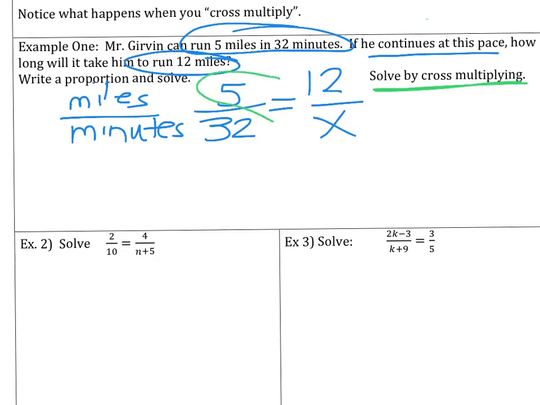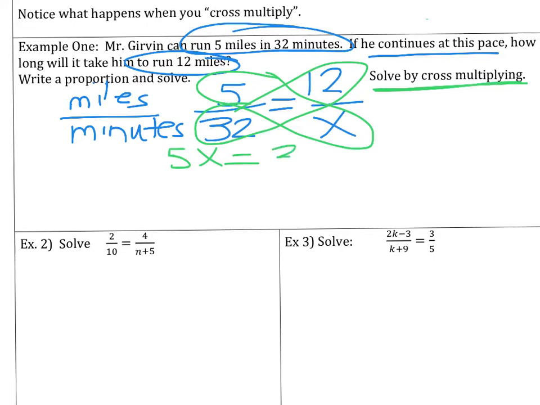So here we're going to multiply 5 times x, and we're going to multiply across the equals here: 32 times 12, that should give you 384. So here you have 5x equals 384, and we want to solve that, so we're going to divide both sides by 5.